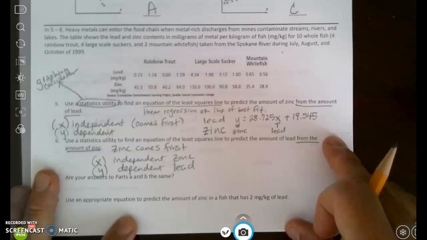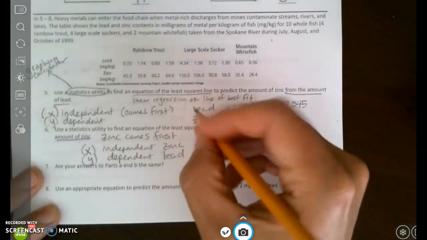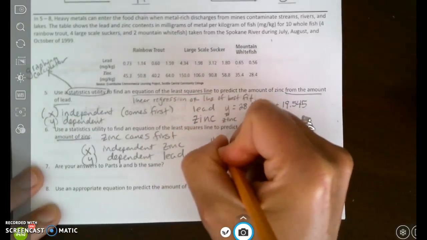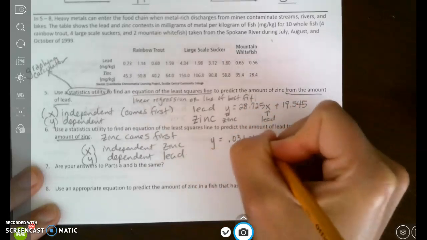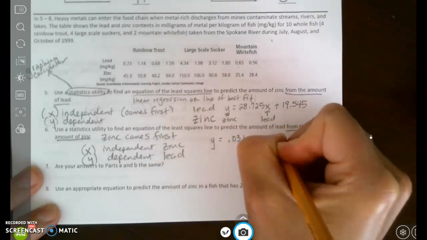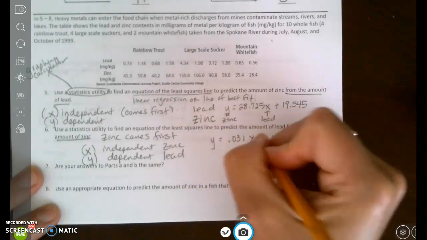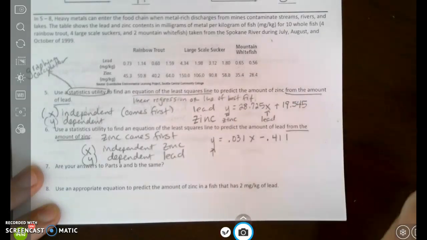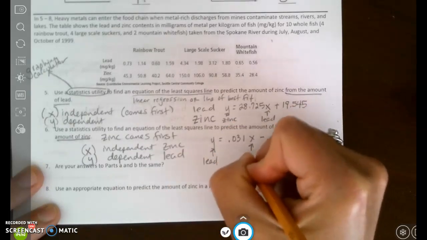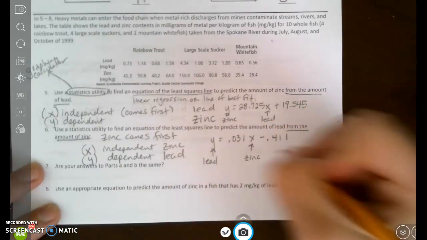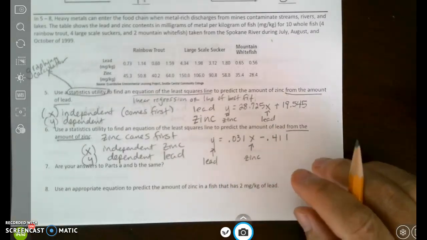All right, so using my graphing calculator, my new equation is going to be y equals 0.031x minus 0.411, and I want to specify that now my y is my lead and my x is my zinc.